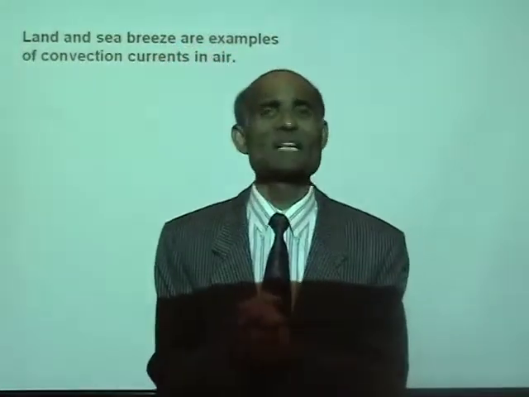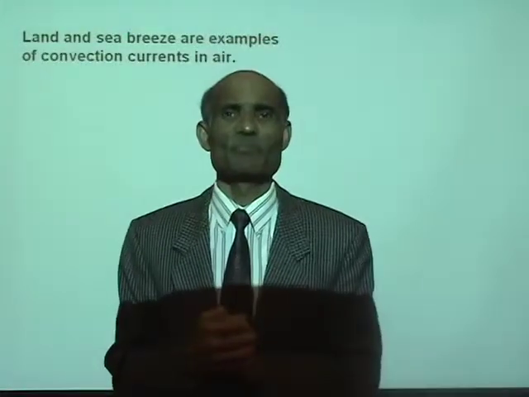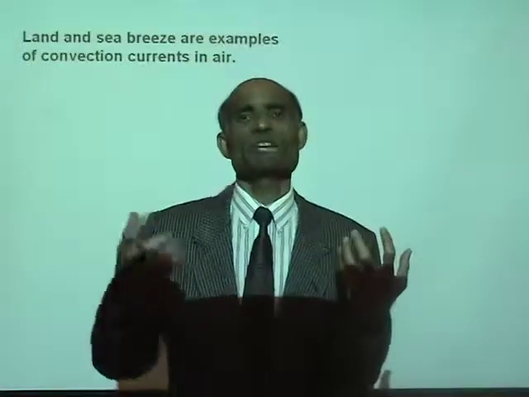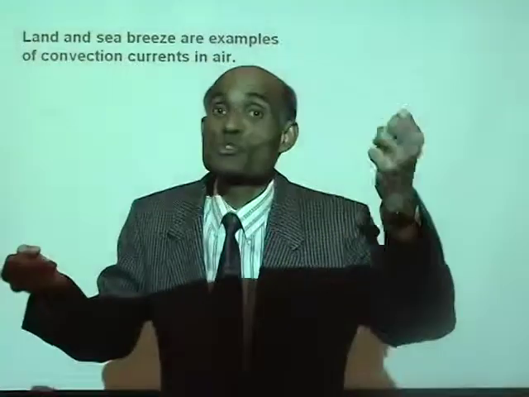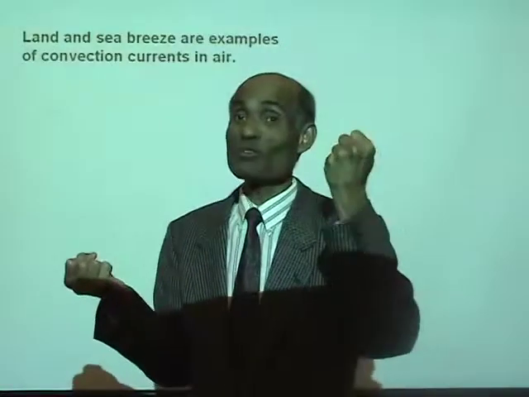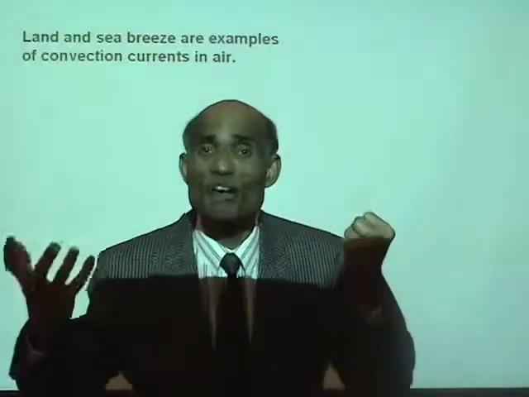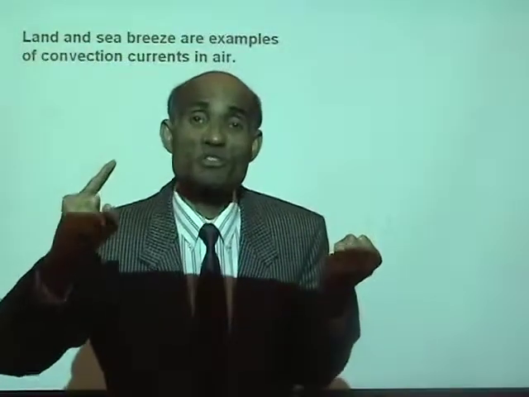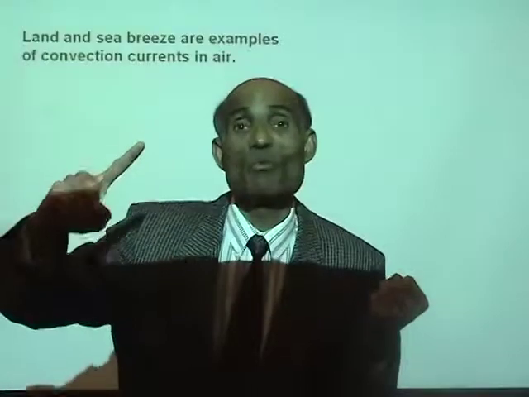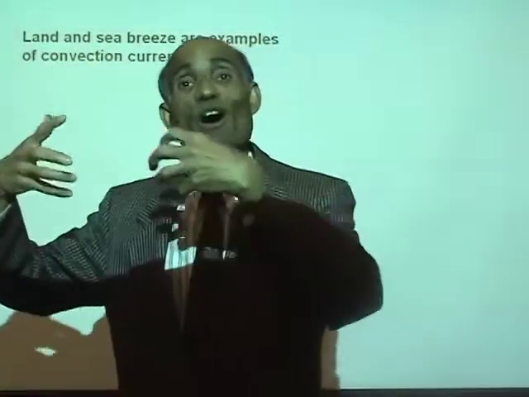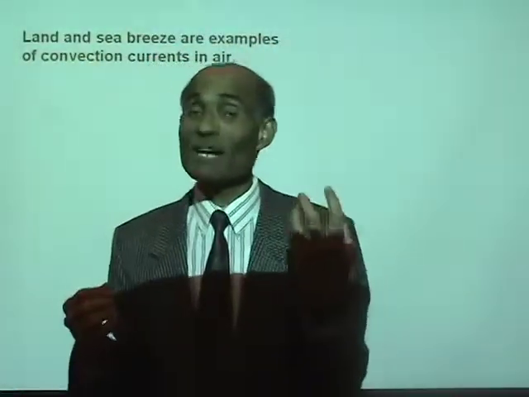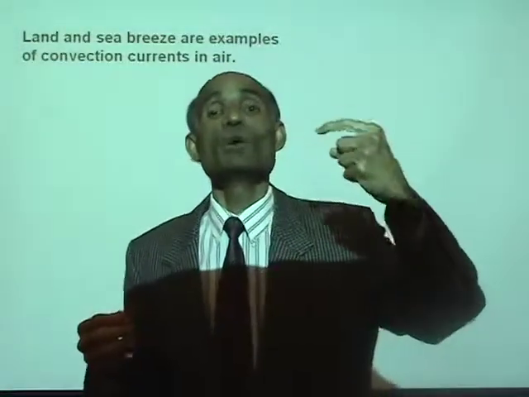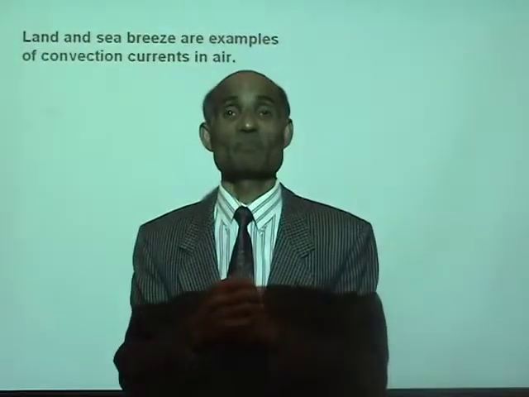Now, we talked about specific heat, didn't we? Now, which has greater specific heat, water or soil? You know that water has a very high specific heat. What does that mean? In order to heat water by 1 degree, you need a large amount of heat. Whereas, in order to heat land by 1 degree, you don't need that much heat.